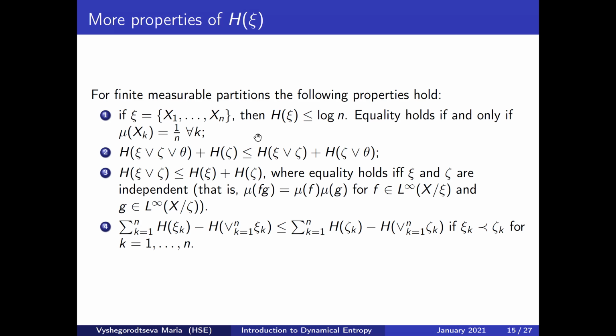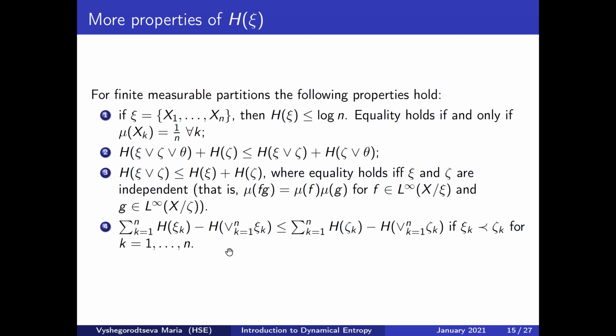And the last property is that if we have two collections of partitions, and for each pair Xi k and zeta k of these partitions we have that Xi k is less or equal than zeta k, then we have the following result that you can see on your screens.